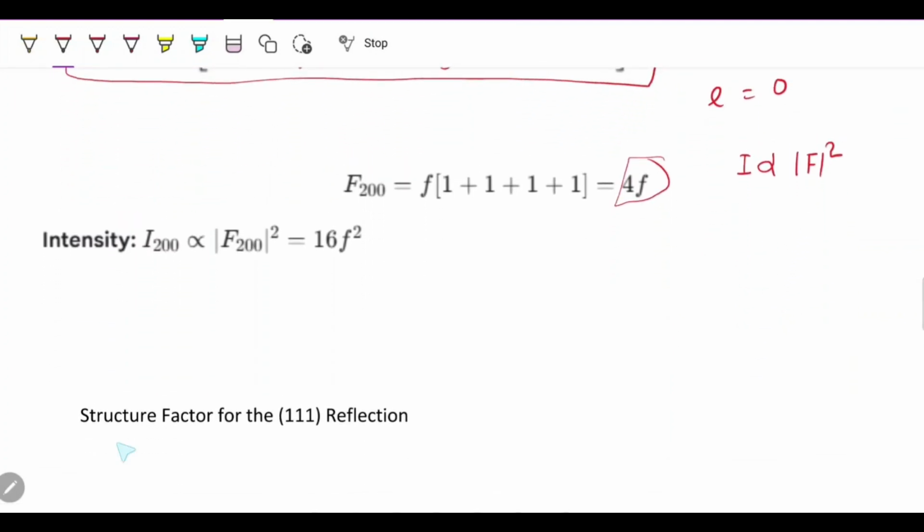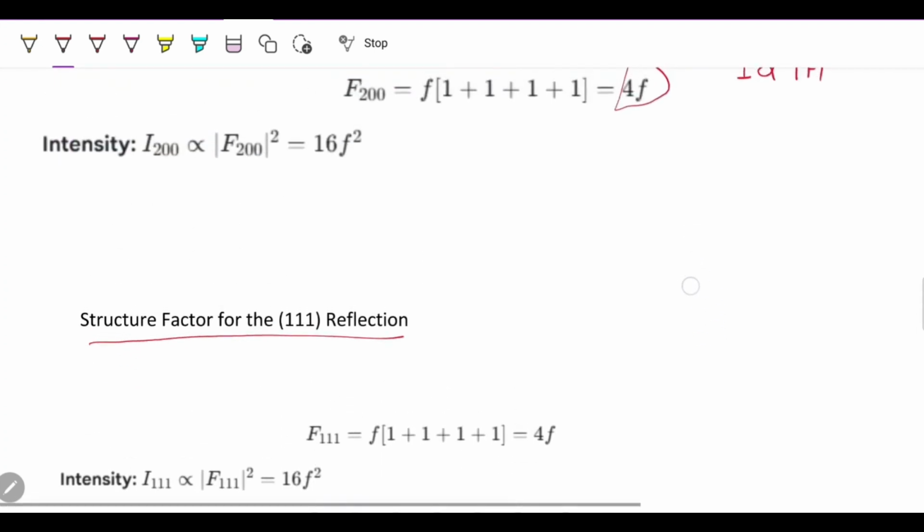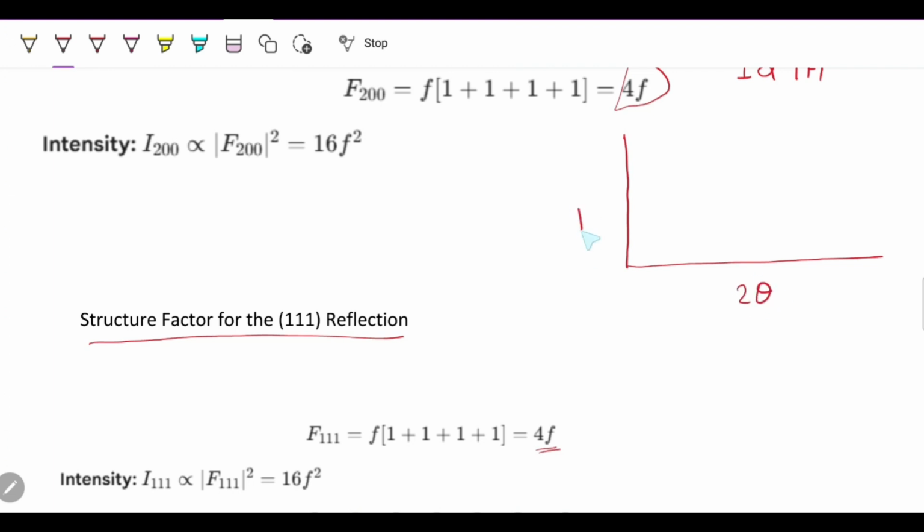If we calculate the structure factor for the 111 reflection, similarly we again get 4f, so the intensity is 16f squared. So if we see the XRD, let's say this is 2 theta and this is intensity, we would have 111, we would have 200, then 220, either all odd or all even.